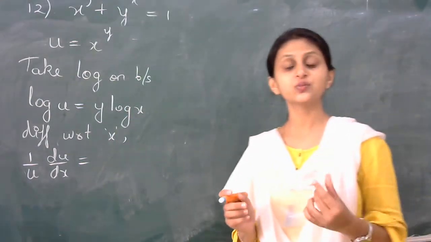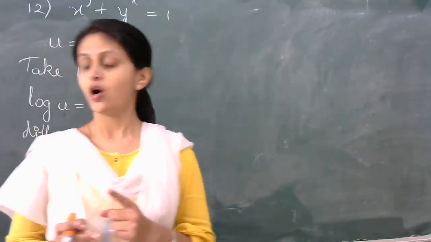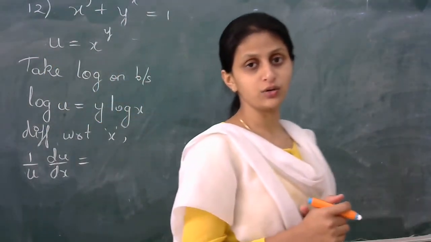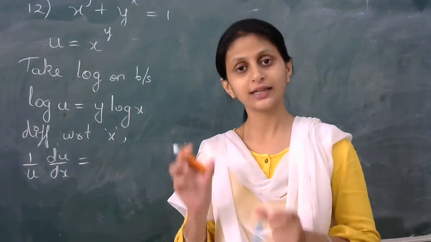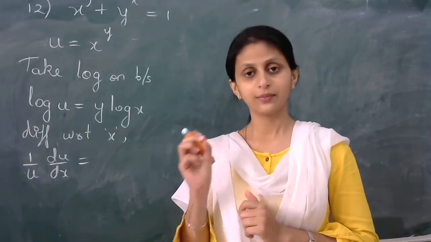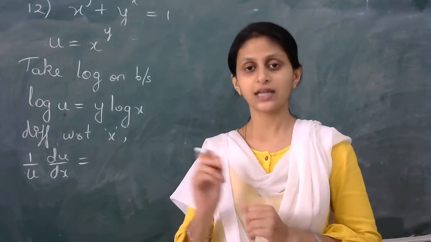So again it is product of two functions. So here we are going to use product rule, or else you can call it Leibniz rule. How shall we use the product rule students? First function we will differentiate keeping the second function as it is, plus then we will keep the first function as it is and differentiate the second function.